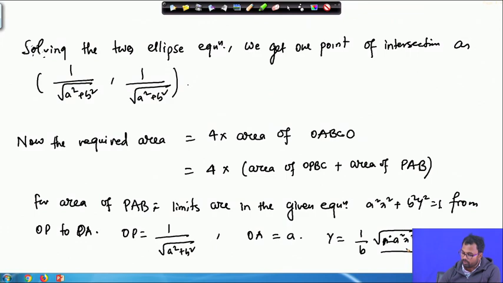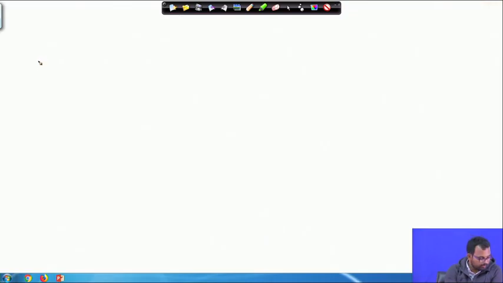Now that we have y and our limits, we can calculate the area of the region PAB.